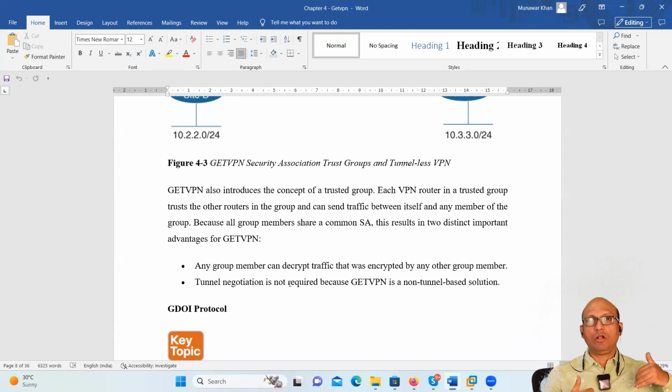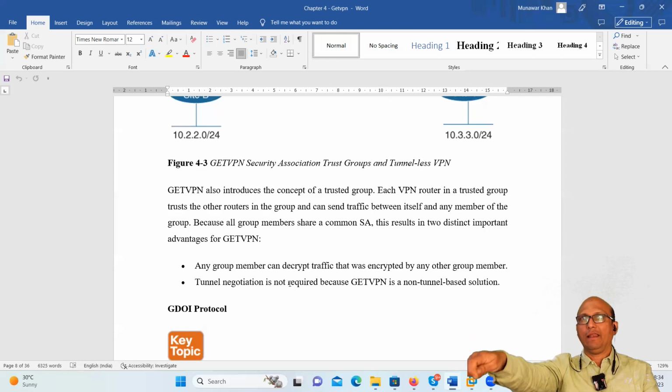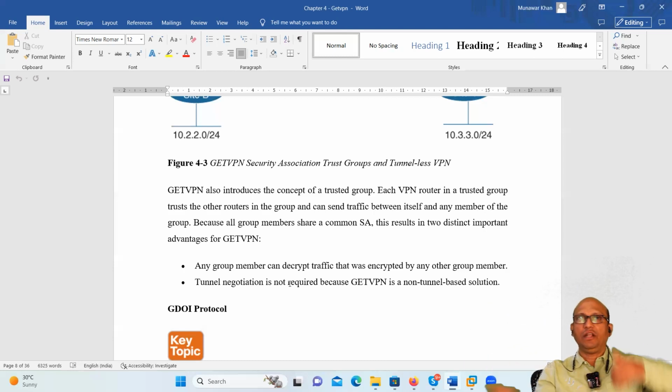I locked the suitcase with my key and she has another key which she uses to unlock it. Another key means it is actually the same key which was given by me only. If I lock the suitcase, she has one more parallel key, she can unlock it. So I lock it, she unlocks. She locks it, I unlock.